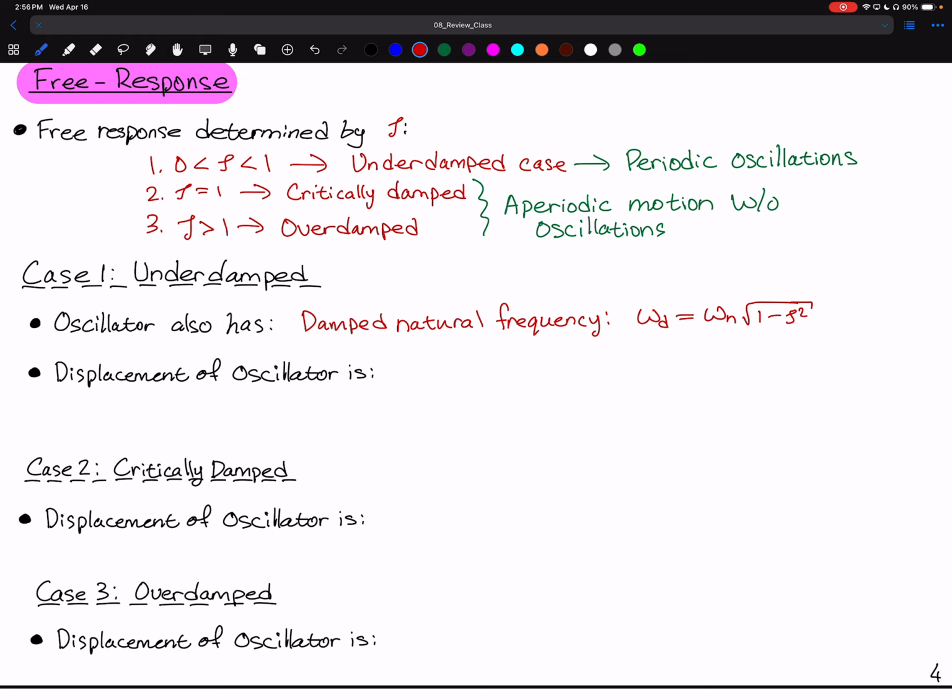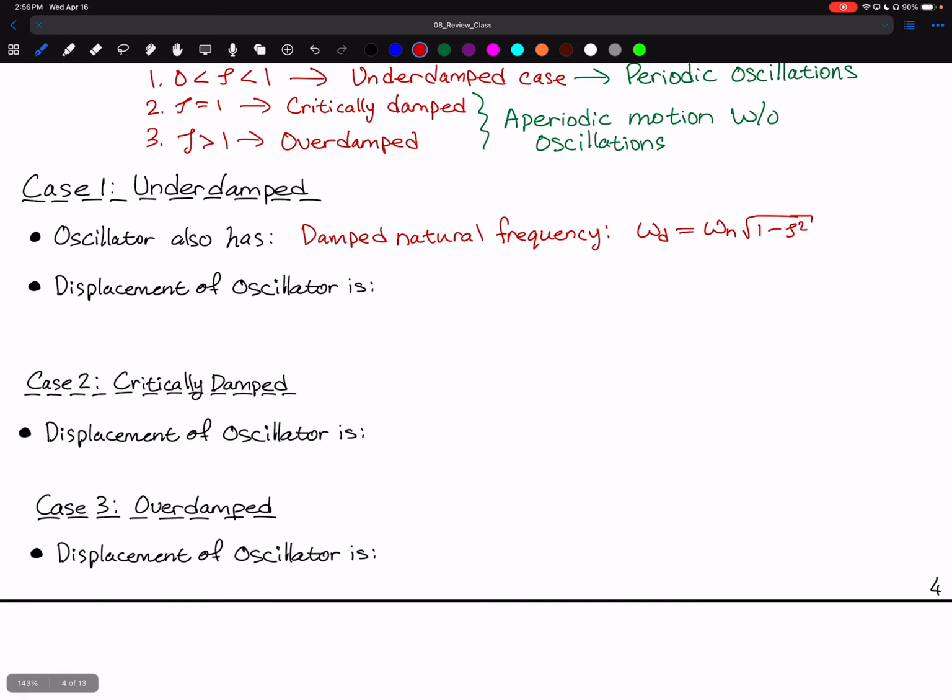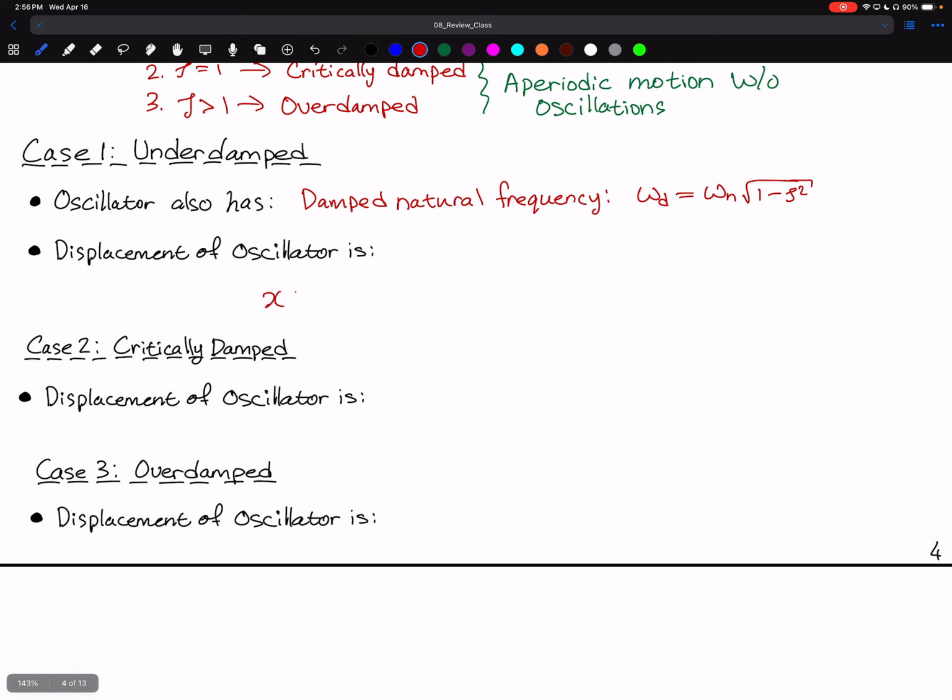And in this case, the displacement of our oscillator is going to be x of t equal to e to the minus zeta omega n t times the quantity x0 times the cosine of omega d t plus the fraction v0 plus zeta omega n x0 divided by omega d times the sine of omega d times t.